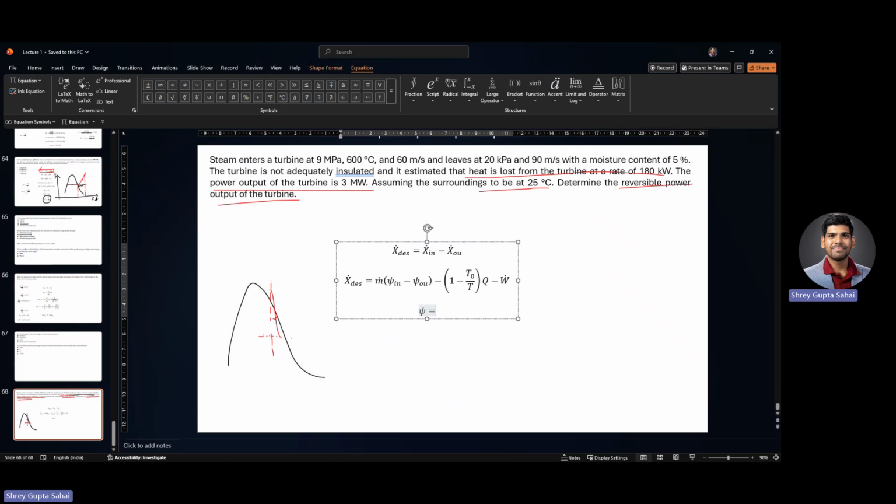Phi is equal to H minus T naught S plus V square by 2 plus gZ, but there is no mention of height, and potential energy we are not considering. Otherwise, potential energy will also come.